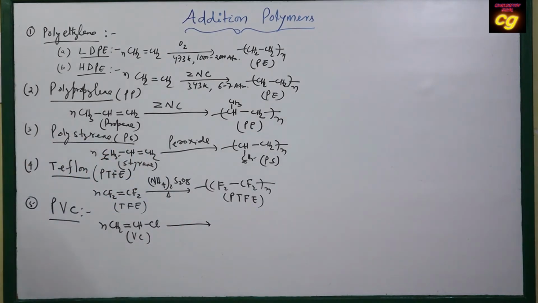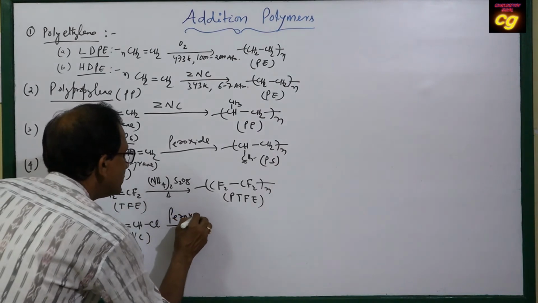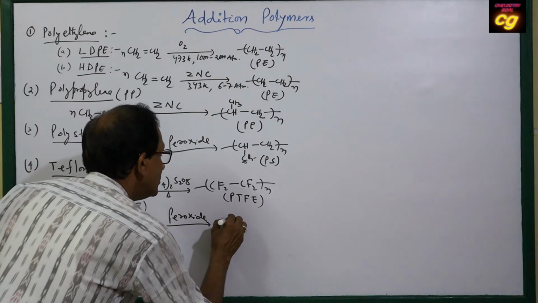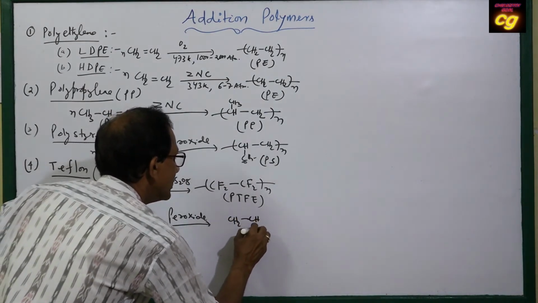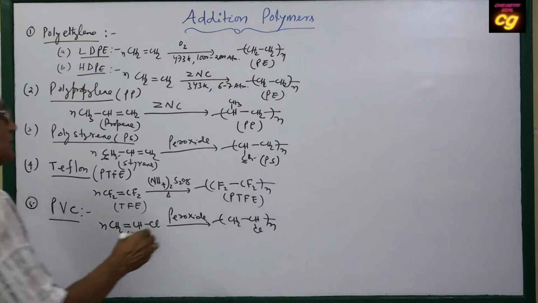PVC mainly polymerizes in the presence of peroxides. In the presence of peroxide, when it polymerizes, it converts to the polymer. It will be like this: CH2 single bond CH, then Cl, whole bracket N, polymer. This short form is PVC.